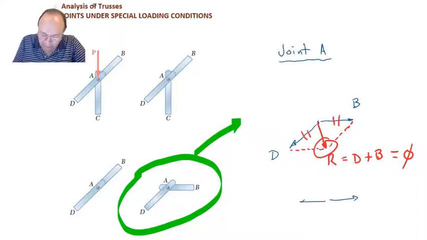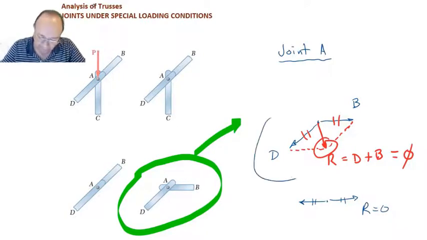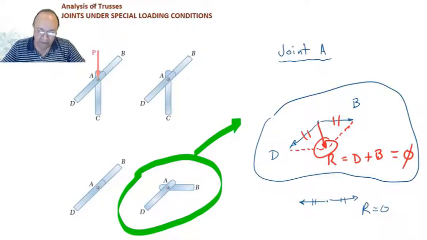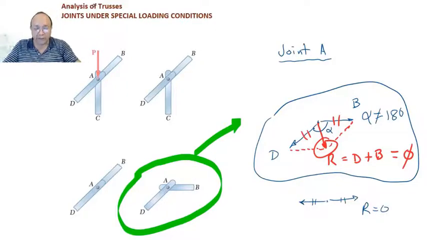Only if they are collinear can these have certain values, so these can have the same value, and they both cancel each other, and you can have a resultant equal to 0 when the forces are not 0. But in this case that we have here, meaning only two forces that make an angle different than 180, these both forces have to be 0.